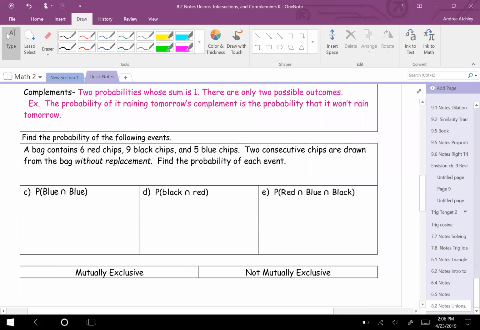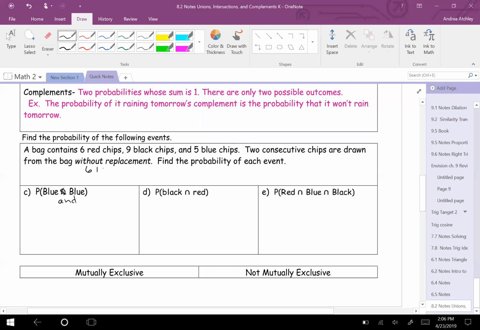Okay, so now we're going to find the probability with 6 red chips, 9 black chips, and 5 blue chips in a bag. 2 consecutive chips are drawn from the bag without replacement. Find the probability of each event. So we want the probability of blue, and then pulling another chip out and it being blue. So let's start.